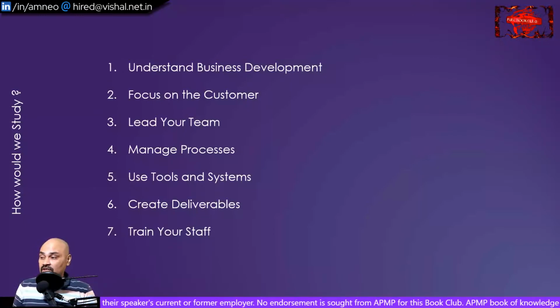The second knowledge area is focus on customer, then lead your team, manage processes, use tools and systems, create deliverables, and of course the last one is train your staff.